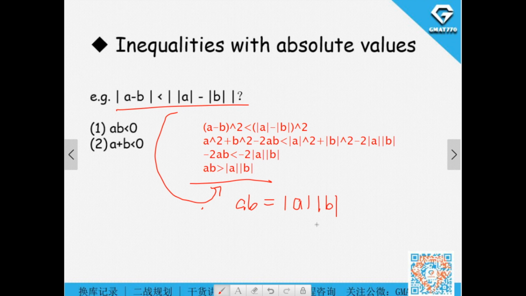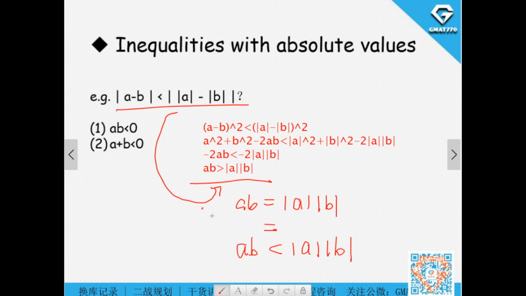And if a and b are both negative, it is also equal. But if one of them is positive and one of them is negative, the product of ab will be less than the product of the absolute values of a and b. So as we can see, under no circumstances can this inequality be correct.